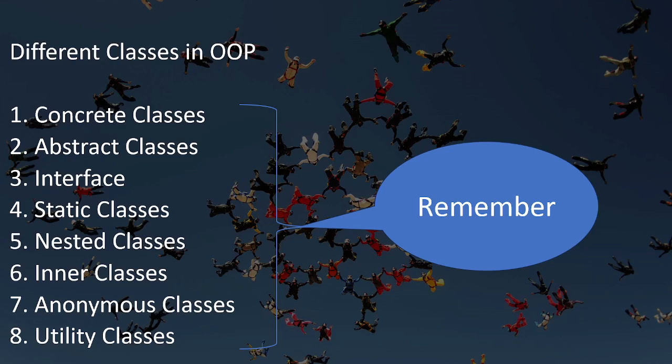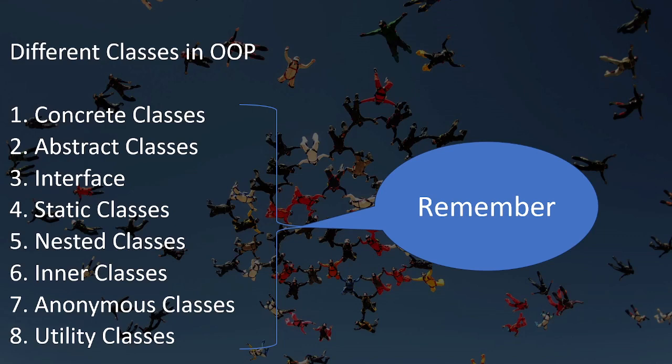Okay, then comes the static class. A static class is a class that contains only static members, that is, methods and fields. Static classes are used to group related utility methods or constants that are not specific to any particular instance of the class.